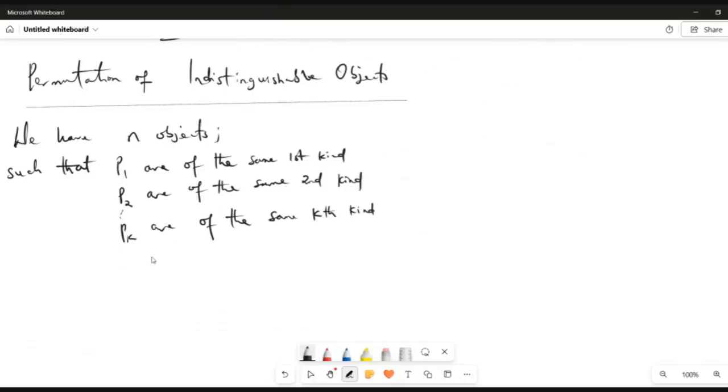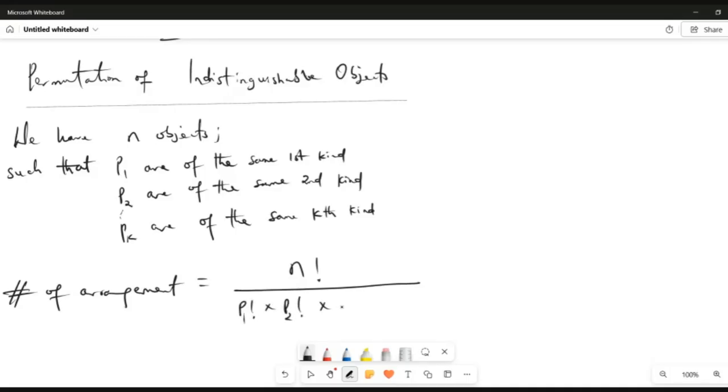In that case, if you want to arrange the n items, the number of arrangements is n factorial, which is the normal way, but divided by P1 factorial times P2 factorial, and it will go on and on until PK factorial.